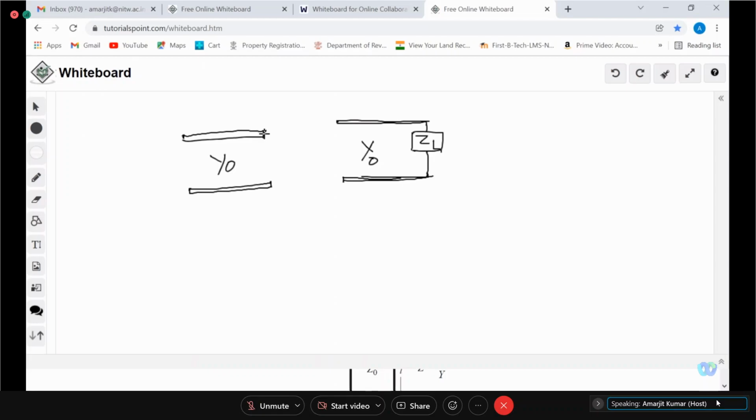So here we will connect the stub. This is also a transmission line only.